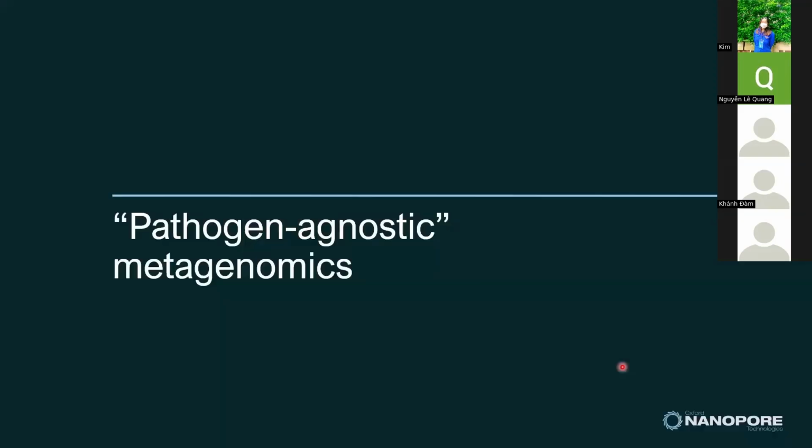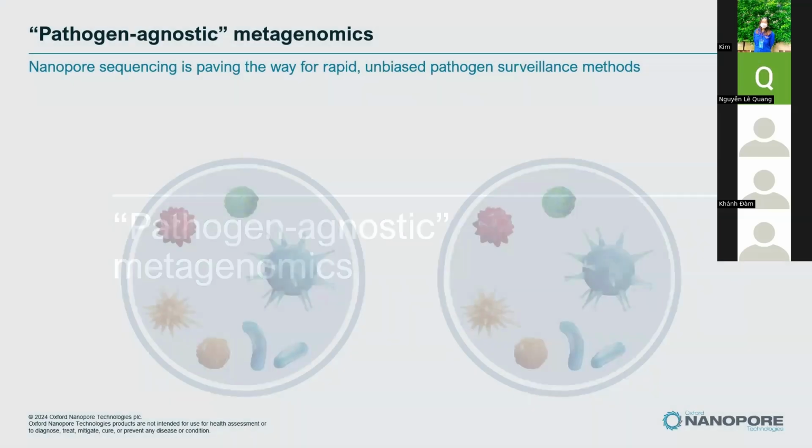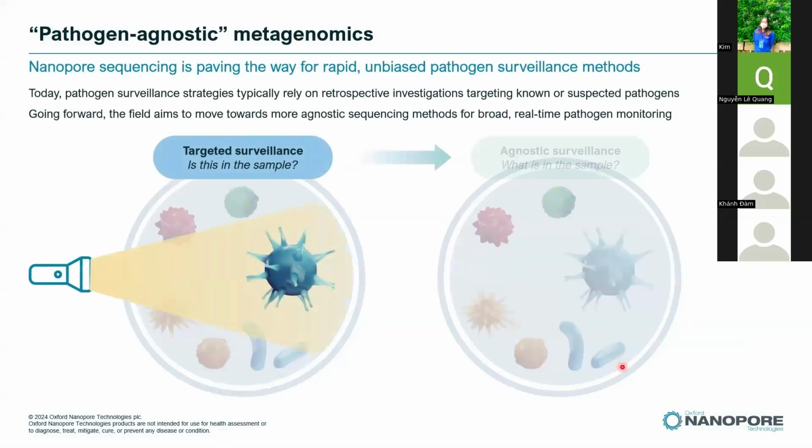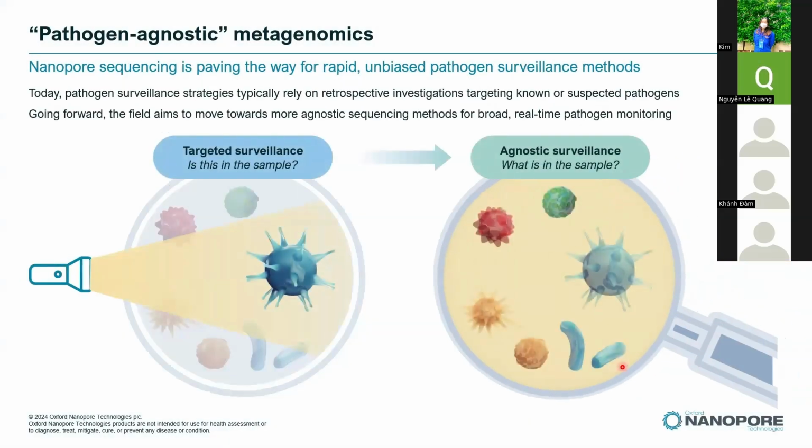So next, let's look into a pathogen-agnostic metagenomics application. Nanopore sequencing, I would say, has revolutionized rapid, unbiased pathogen surveillance, because traditionally, surveillance methods focused on the retrospective investigations of known or suspected pathogens.